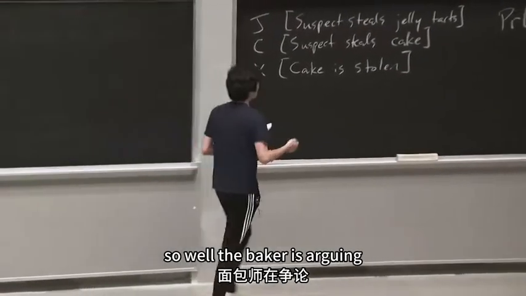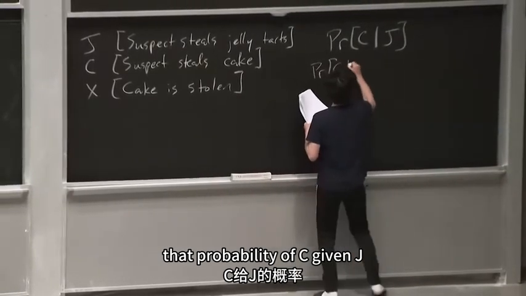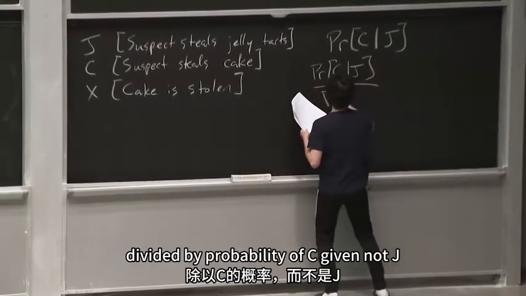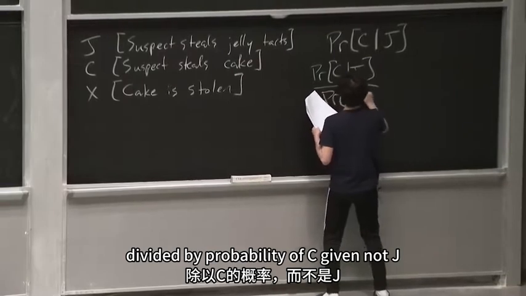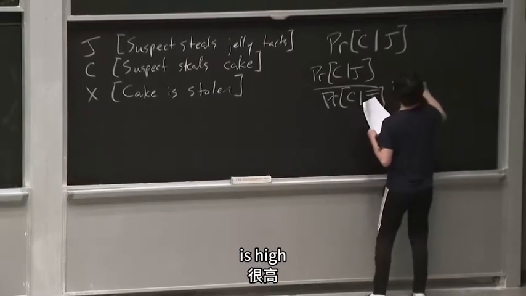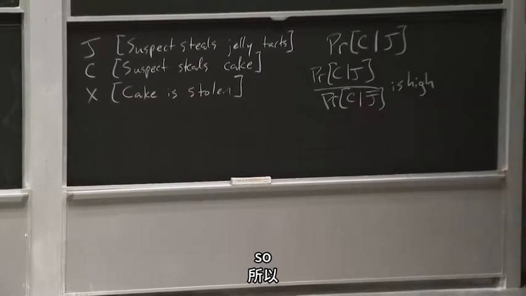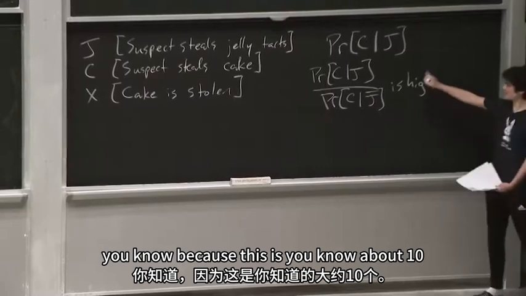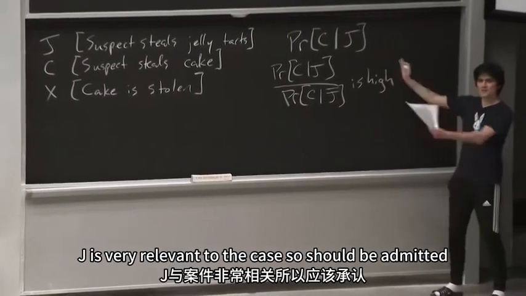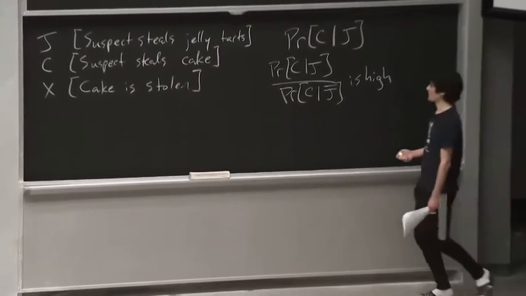So the baker is arguing that the probability of C given J divided by the probability of C given not J is high, right? So, because J is very relevant to the case, it should be admitted. Okay?